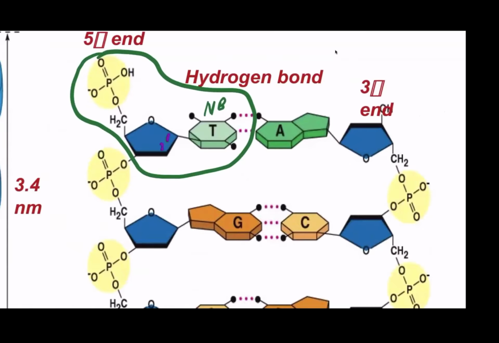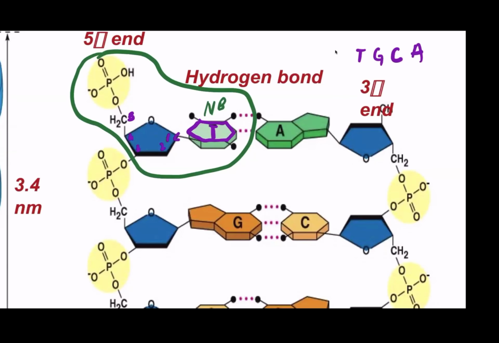Number 1, number 2, number 3, number 4, and this is number 5. There are 4 letters: thymine, guanine, cytosine, and adenine. If you have A, for example, this is T here, thymine. This is the structure of T. It's like a hexagon, one closed ring, attached to number 1 carbon here.